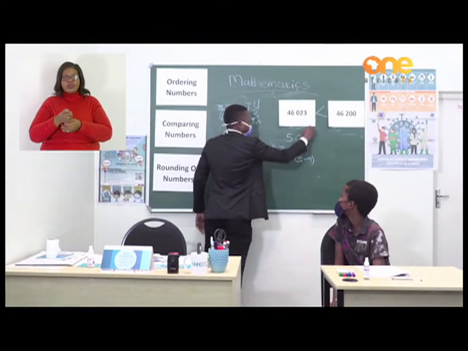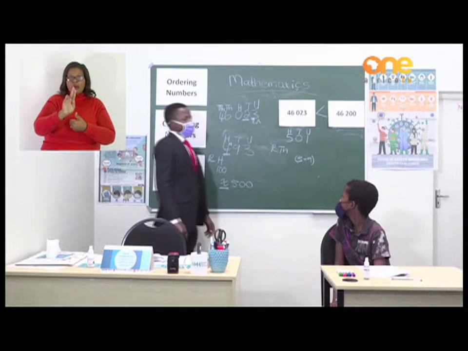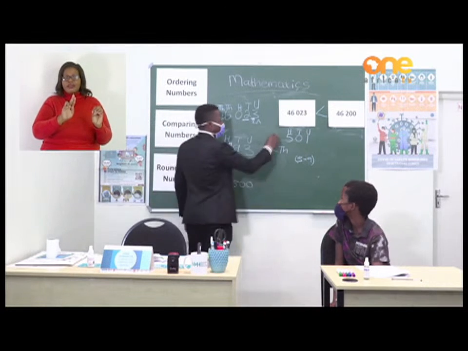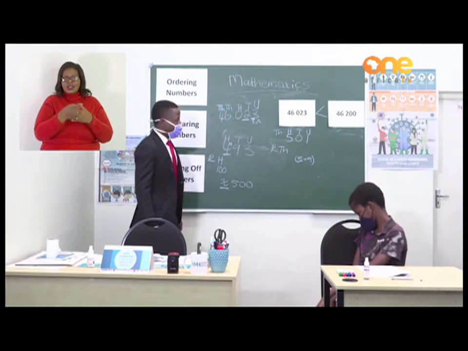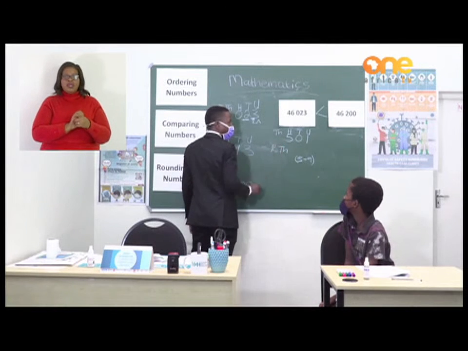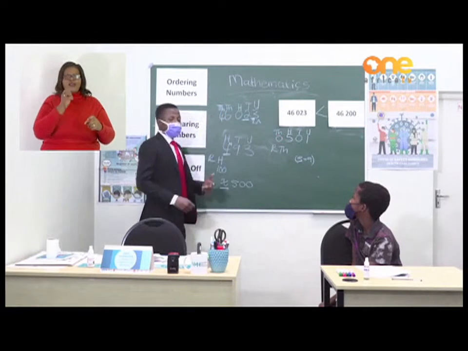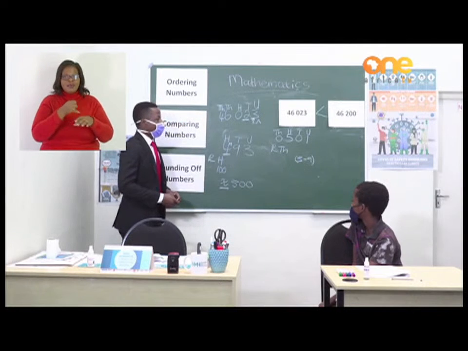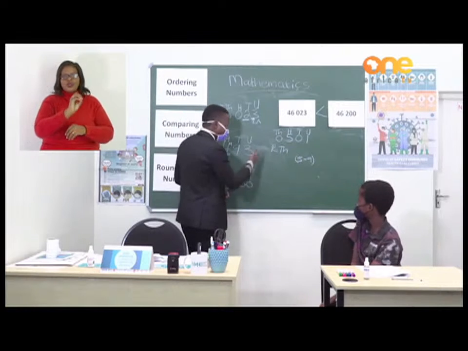Remember, we have a unit, we have a 10, we have 100. But we are asked to round off to the nearest 1,000. There is no number there. When there is no number, we know that there is also a 0 there. So 0 is nothing. 0 is a placeholder. So there is a 0 there. Let's imagine there is a 0.